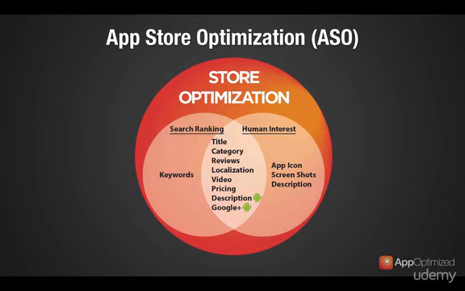The second goal is to make sure that when people see our app icon or our title, we're enticing them to look more into our app and also to download it. These are the factors that influence both of those types of things, and hopefully this slide gives you a great idea of what influences those two categories.